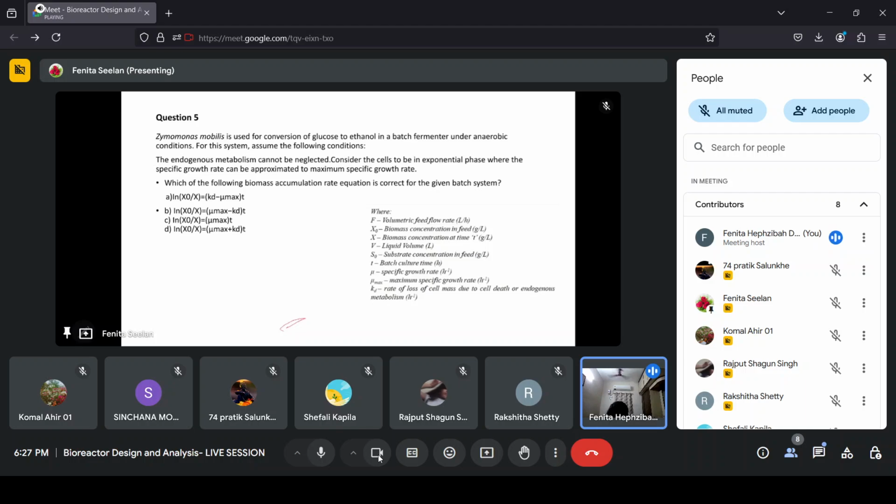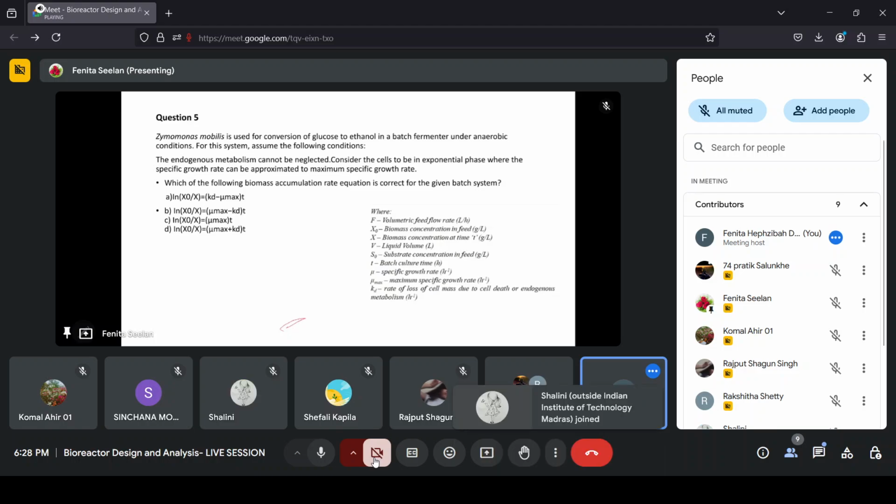It is for batch fermenter under anaerobic conditions, and you are given the condition that endogenous metabolism cannot be neglected. Anybody can answer?